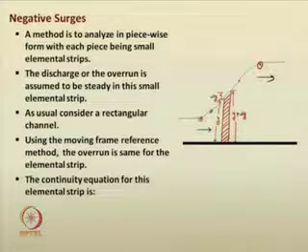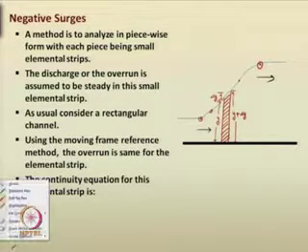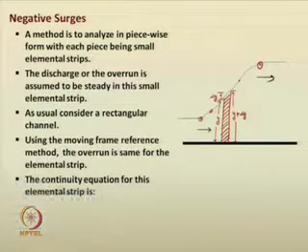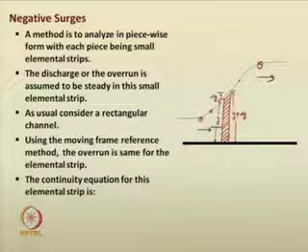Let us consider the velocity in this particular situation. The velocity here and here are quite different. Let the velocity of water at depth y be v, and the average velocity of that cross section be v bar.